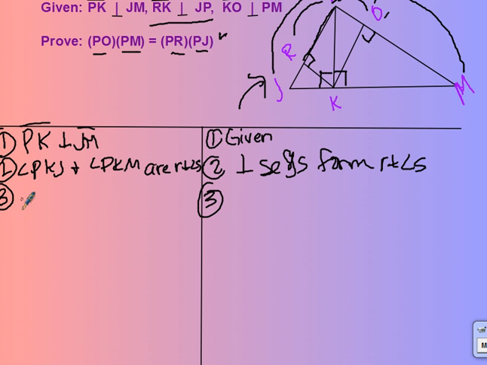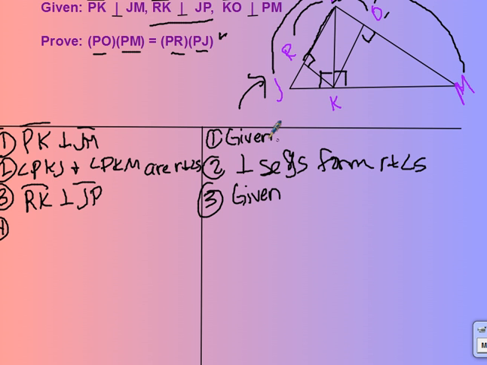Let's use relationship 3. So let's establish that by going RK perpendicular to JP, a given. And then that's the altitude to the hypotenuse, and it's coming off a right angle in a right triangle, so we can state that.